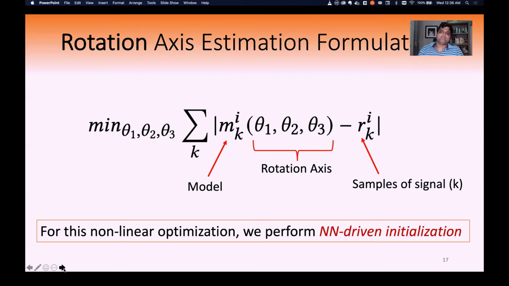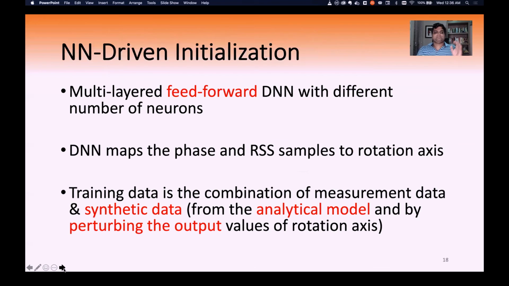can matter to get a very accurate estimation of the rotation axis. We use a neural network driven initialization technique. The details are in the paper, but the key idea is the following. We use a multi-layer feed-forward neural net with 4 layers with different numbers of neurons, where we map the phase and RSS to the rotation axis three angles and later azimuth and elevation.